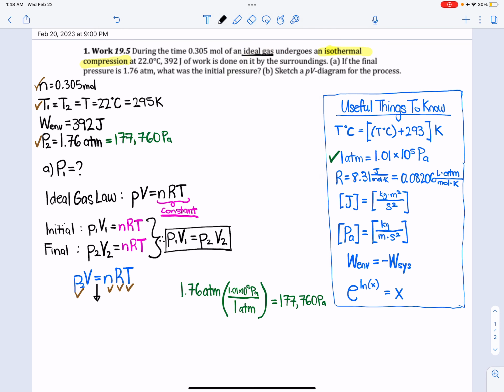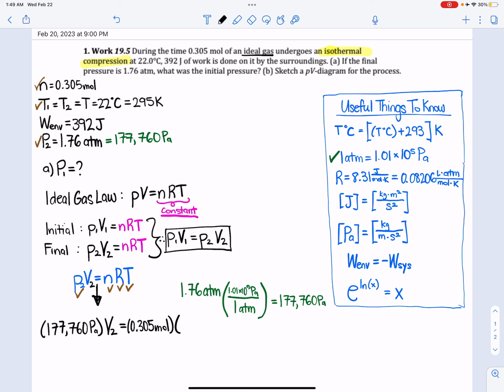Okay. So again, I'm going to just rewrite my ideal gas law with the things I know. So P2 is 177,760 pascals. I want to find my V2, right? Because this is the final state, the equation for the final state. V2 is equal to N, which is 0.305 moles.